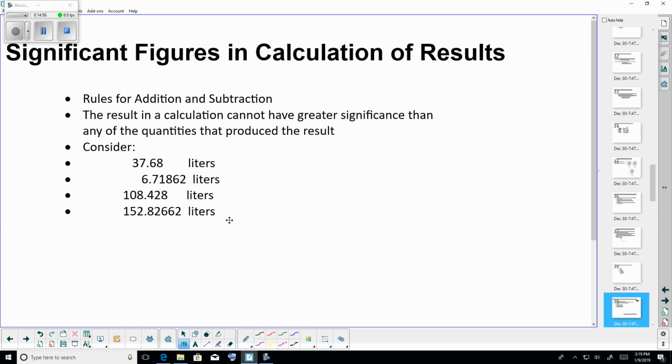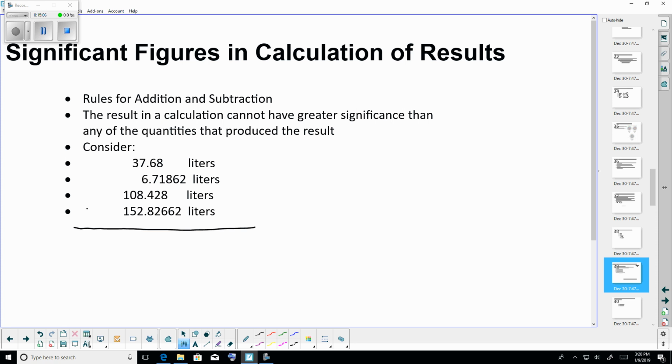If we're going to add these four numbers, our answer can't have any more decimal places, or places after the decimal point, than the number with the fewest decimal places.